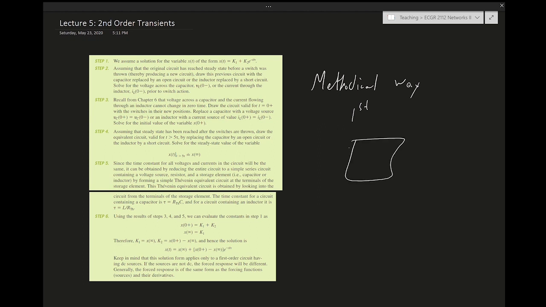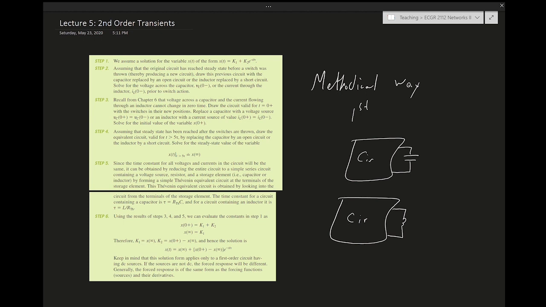So if you have a certain circuit and you have only one energy storage element, you have either an inductor or a capacitor with the rest of the circuit, right? So there's an orderly, methodical way of doing that analysis that applies to any variable within the circuit.